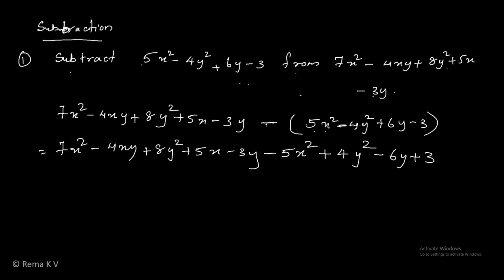The meaning of this minus sign is we are multiplying the second bracket with minus 1. So minus 1 into 5x square is minus 5x square, minus 1 into minus 4y square becomes plus 4y square, minus 1 into plus 6y becomes minus 6y, minus 1 into minus 3 becomes plus 3.